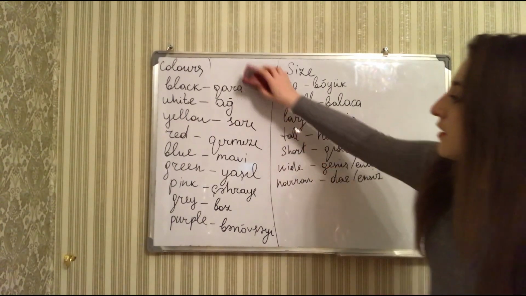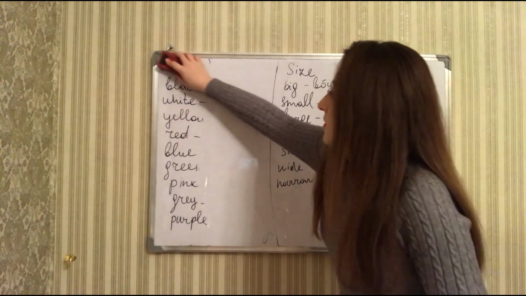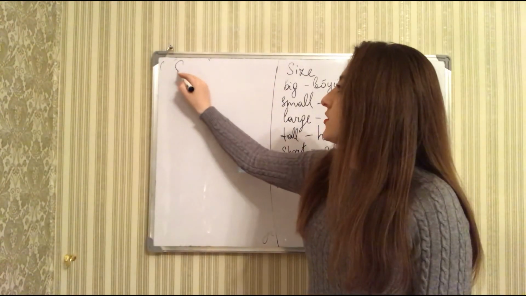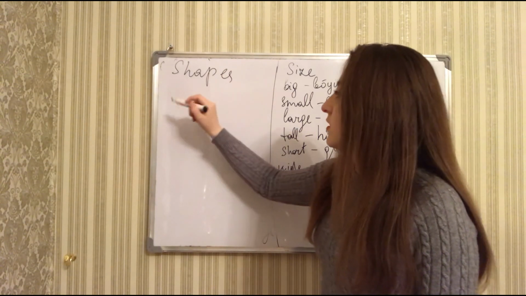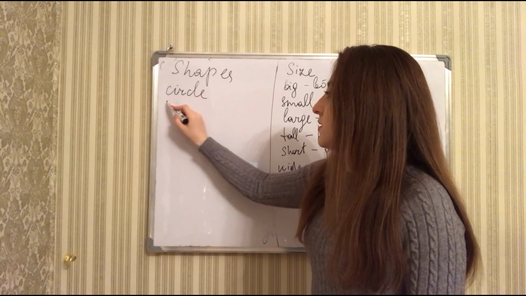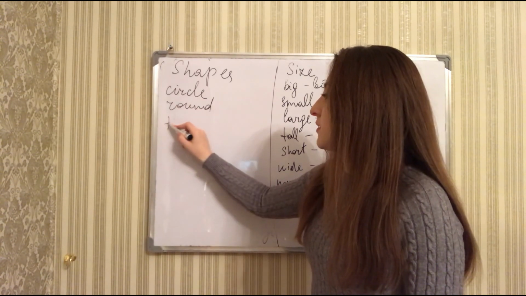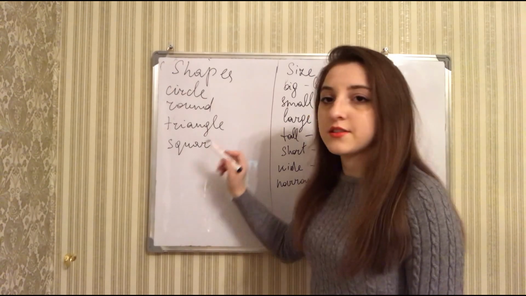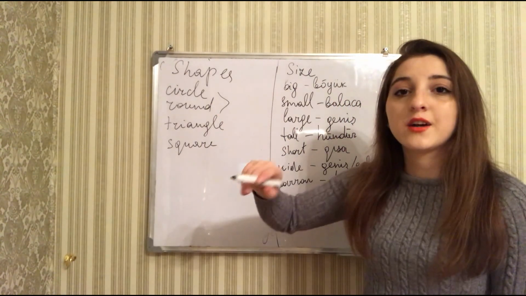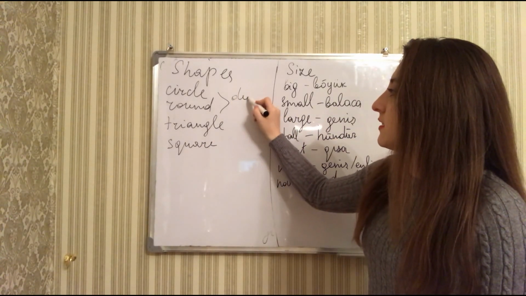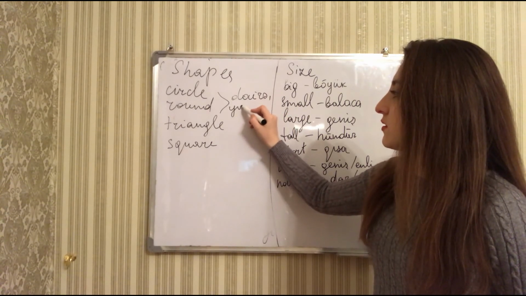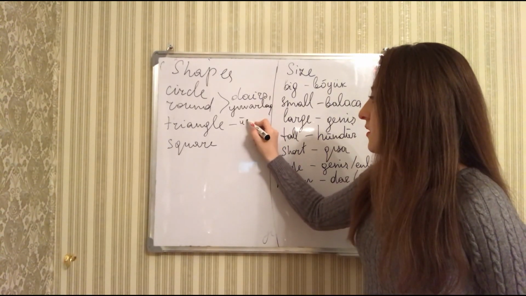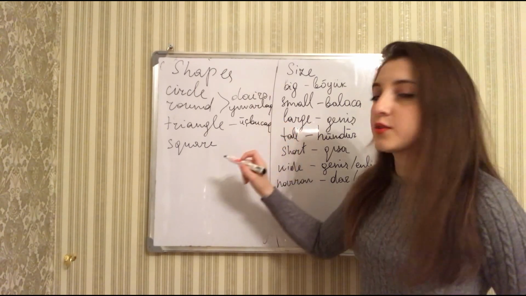Okay, after that we have some shapes. For example, circle, round, triangle, square, and etc. So, meanings: circle, round, daire, yuvarlak, triangle, üçbucak, square, kvadrat.